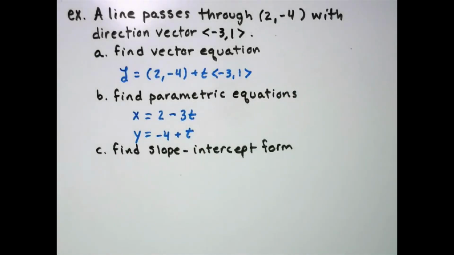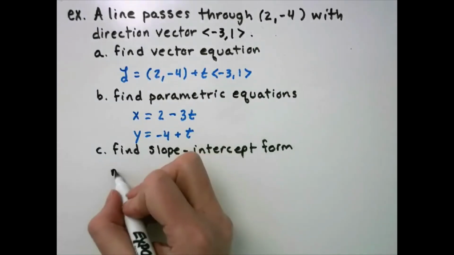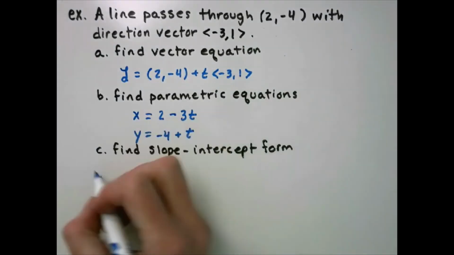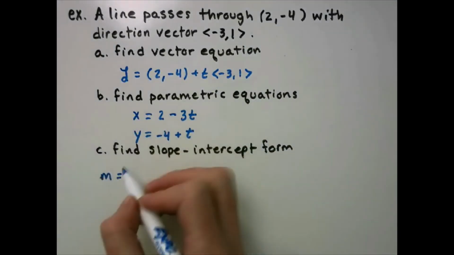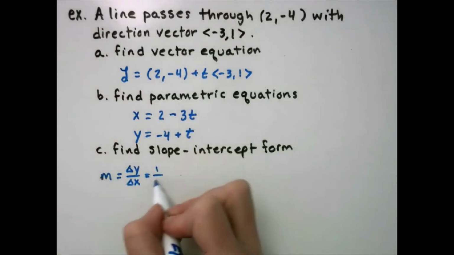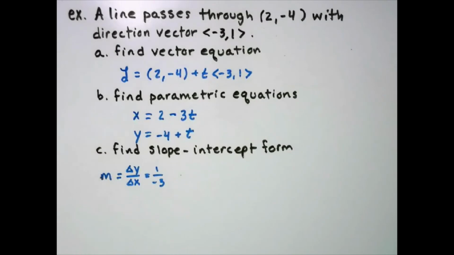Okay, now we're going to find the slope-intercept form, good old-fashioned slope-intercept form. So the slope, remember, is going to be the change in y over change in x. Which is going to be 1 over negative 3, or negative 1/3. And we have a point, so I'm going to use another form of a line to get slope-intercept.